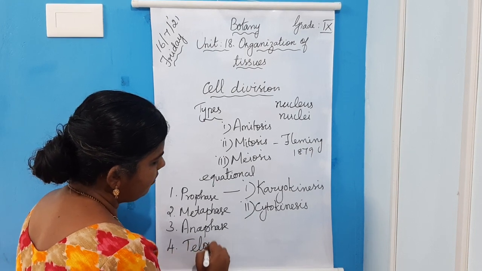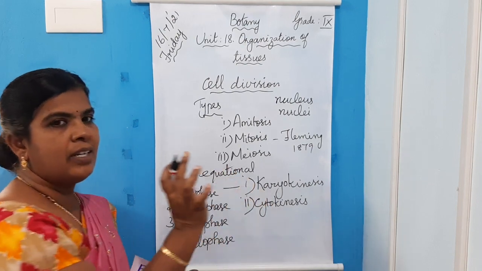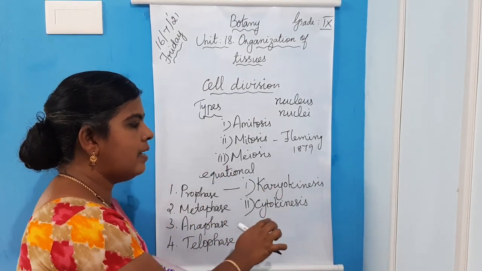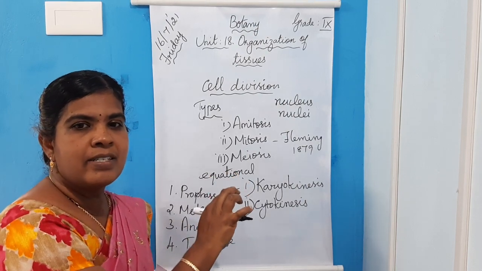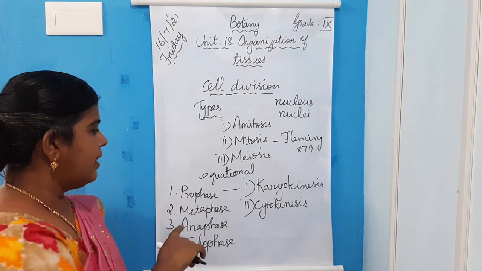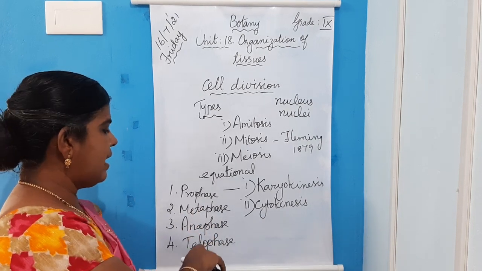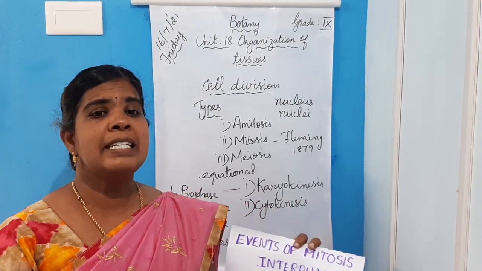These are the four phases of karyokinesis. So mitosis includes two important phases, karyokinesis and cytokinesis. A preparatory phase is the interphase.